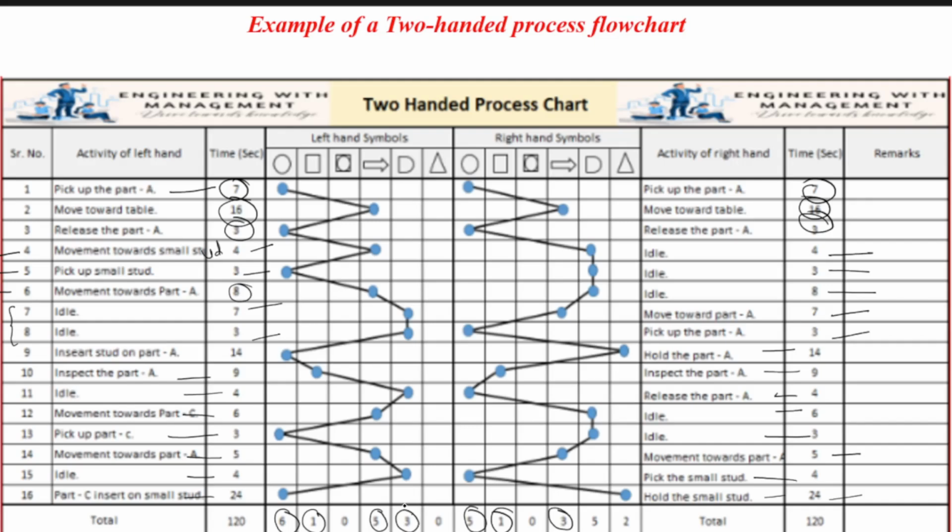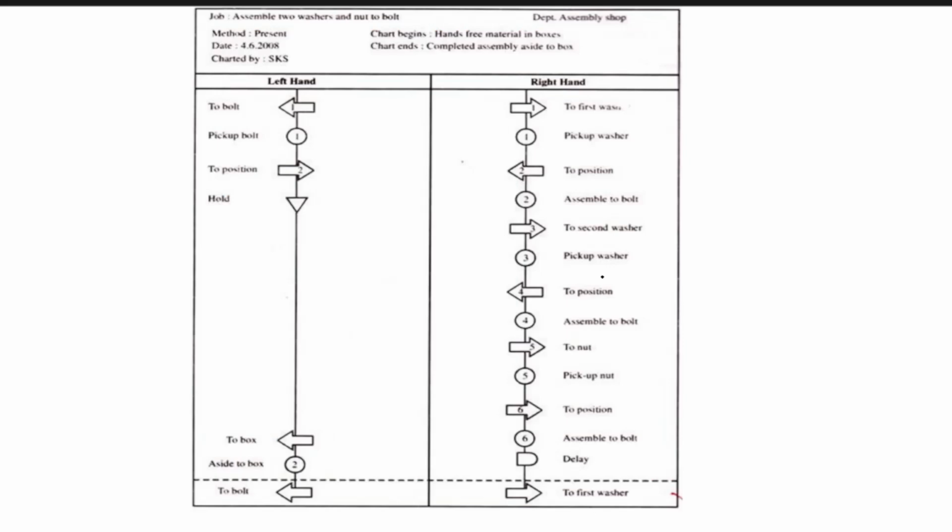Delay is 3 times, and here the delay is 5 times. So here the delay should be 4 times. And last is holding. Holding is for 2 times. Okay, so this is the example of two-handed flow process chart.